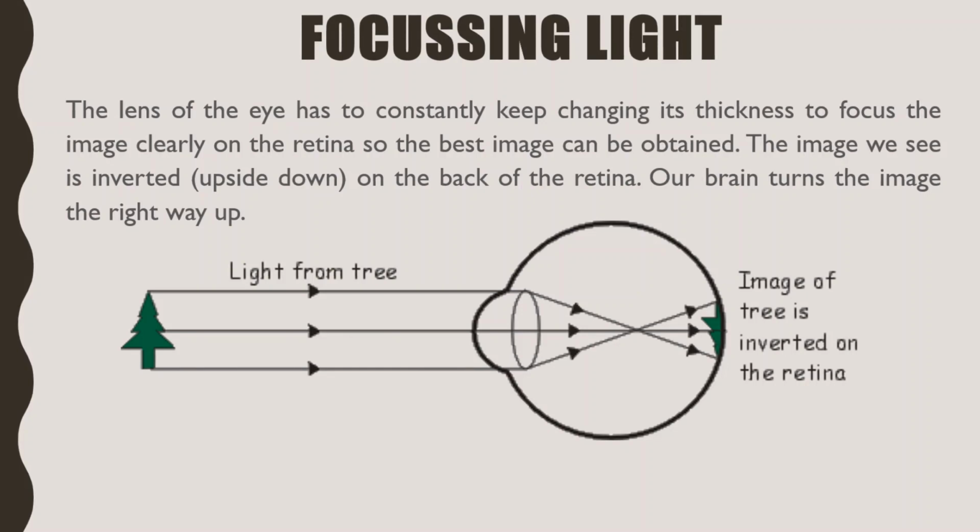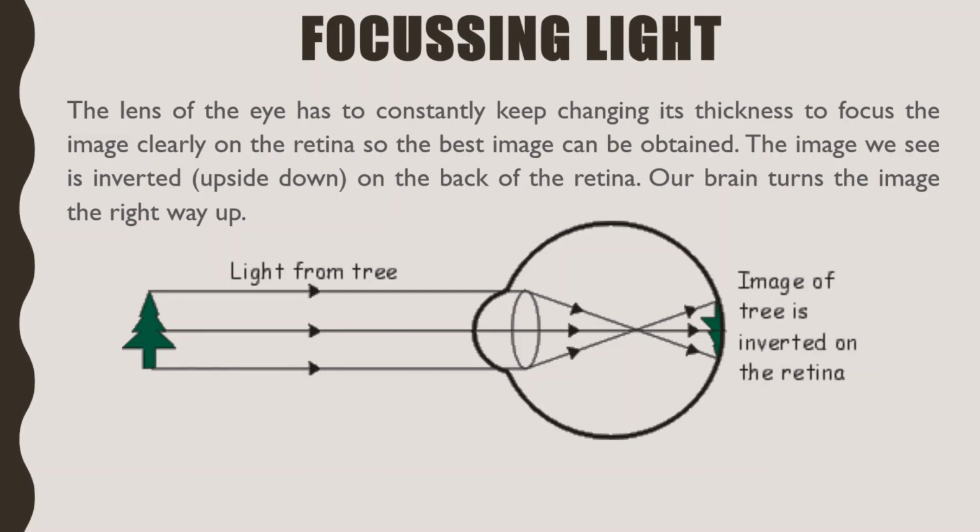At that distance your eyes do not have to strain. You can see that the image is forming onto the retina very clearly. The focus is adjusted on its own, and it is forming onto the retina.